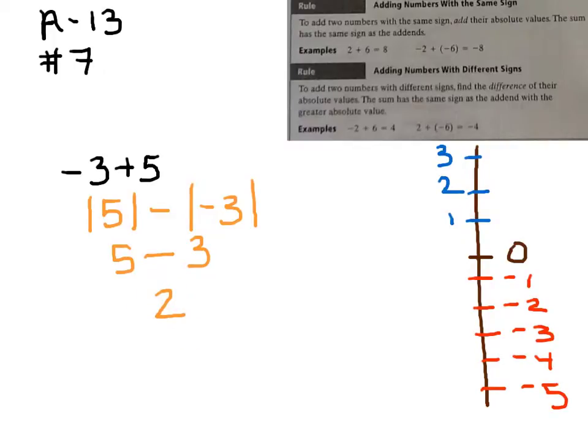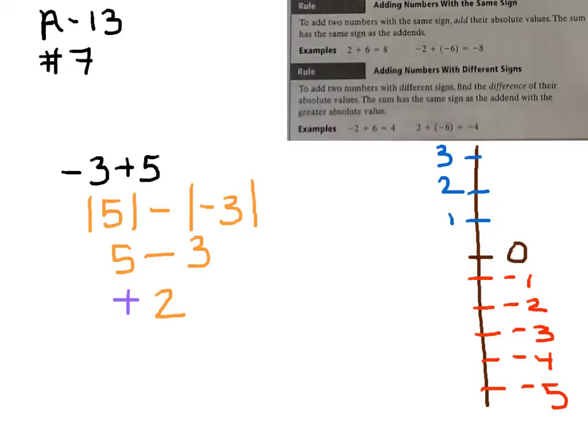So I come over here and it says the sum has the same sign as the addend with the greater absolute value. Well, the greater absolute value is this one, and that number is positive. So I know my answer is a positive 2.